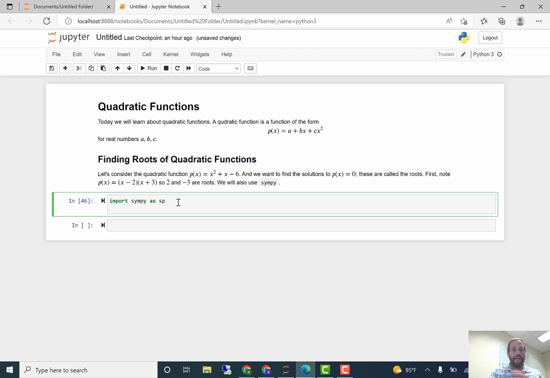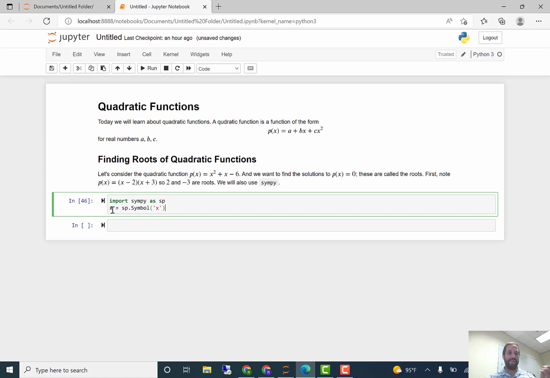To begin with, let's see how we can use Sympy to solve algebraic equations. We need to introduce symbolic variables. So we're going to say x is equal to sp dot Symbol, giving it the label x.